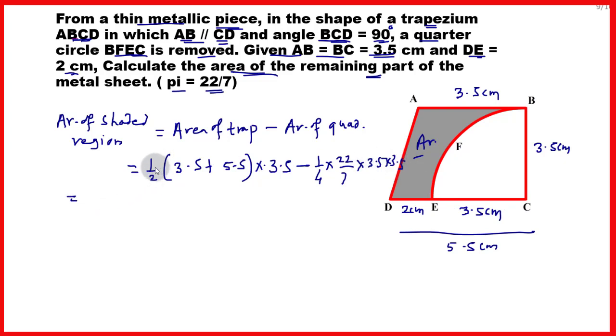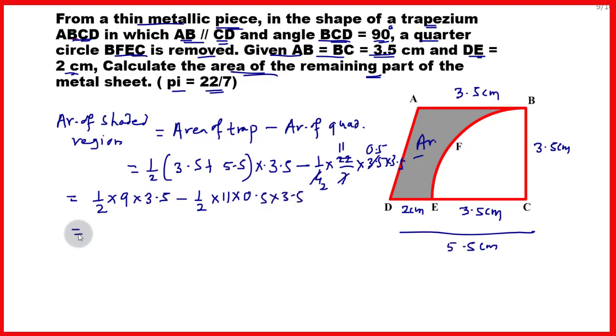So this is equal to 1/2 into 3.5 plus 5.5, that will be 9, into 3.5, minus 2 2s are 4, 2 11s are 22, 7 1s are 7, 7 5s are 35. So it will be 1/2 into 11 into 0.5 into 3.5.